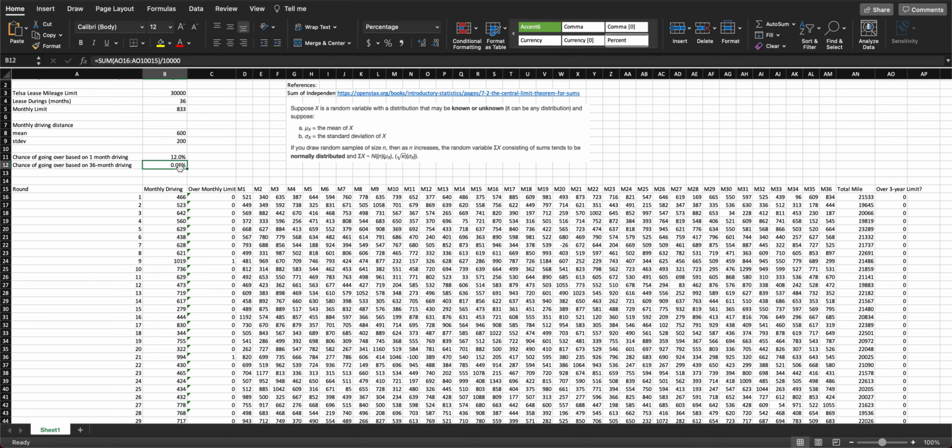So how do we reconcile the differences? There's a deeper statistical theory behind it. I copied it here, and there are many references.